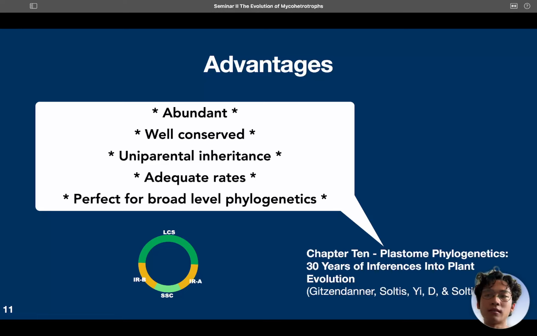But in this case, for the mycoheterotrophic plants, it is adequate to be analyzed, because different plants have different erosion rates. So that's why we still use the plastome, not just the nuclear genome, because they have their own pros and cons.